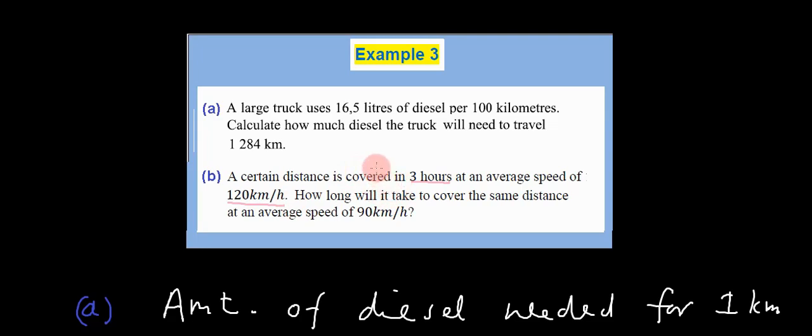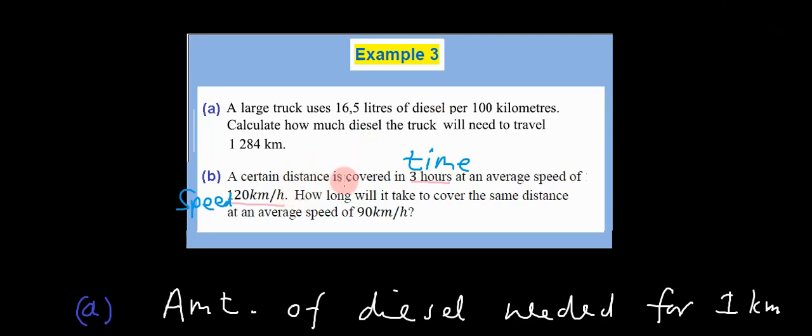So we don't know what distance is covered, but we know that it's covered in 3 hours at an average speed of 120 kilometers per hour. So from this information, we can find the distance covered because we have the time, 3 hours, and we also have the speed, 120 kilometers per hour.